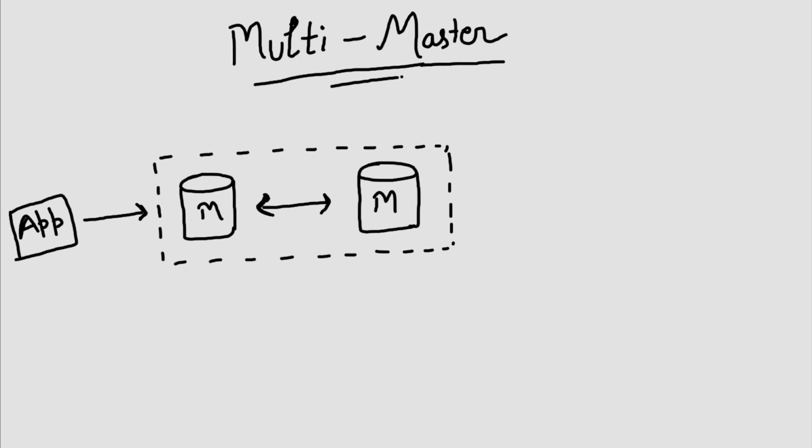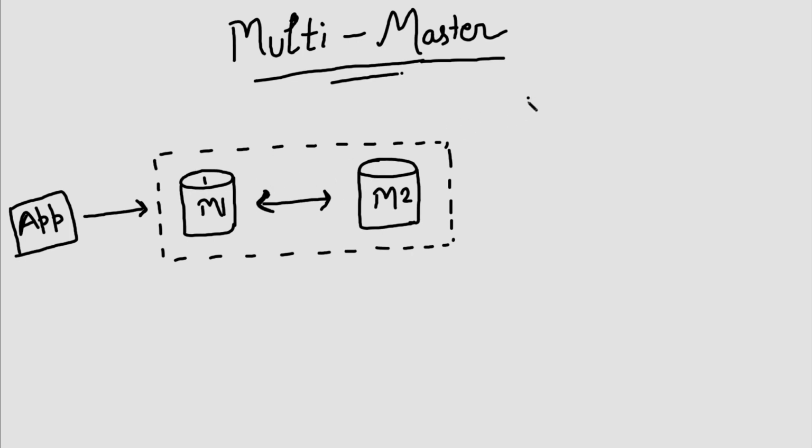So the responsibility of each individual master is to send that transaction to the other master too. If a write request comes to one master, it is that master's responsibility to send the write request to the other master and make sure that both are in sync.